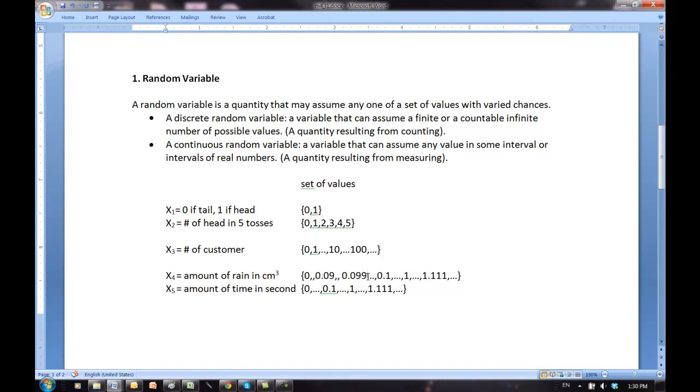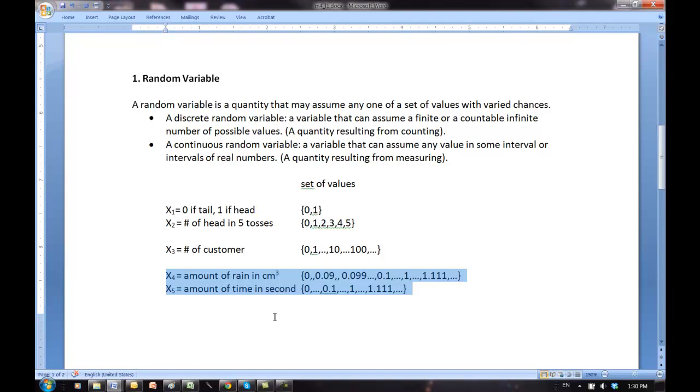But this highlights the fundamental difference between the first 3 variables and the last 2 variables. The first 3 variables result from a counting process, whereas the last 2 variables result from a measurement process.